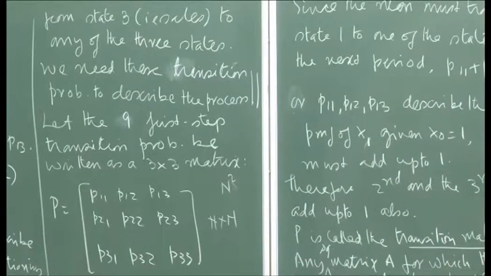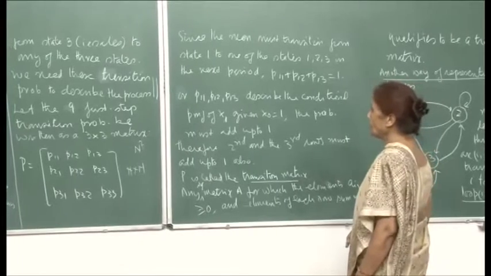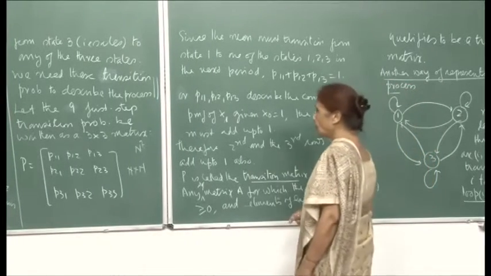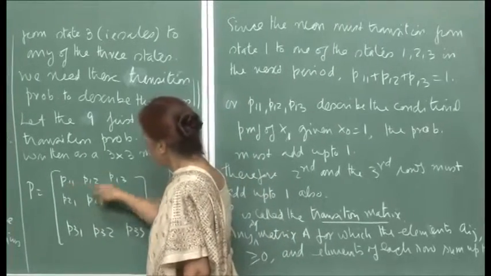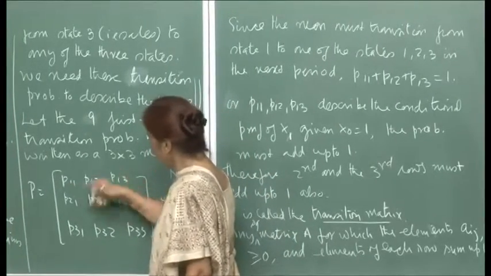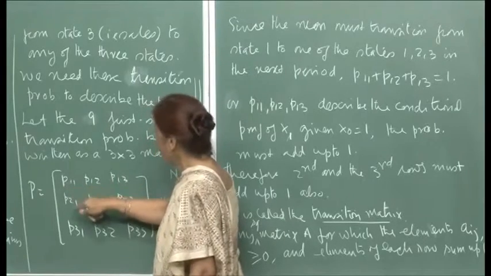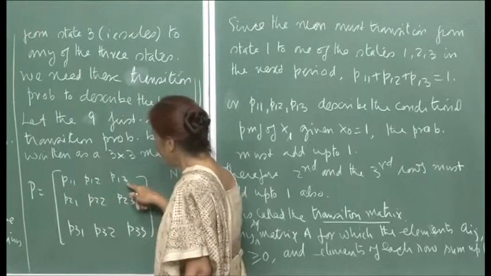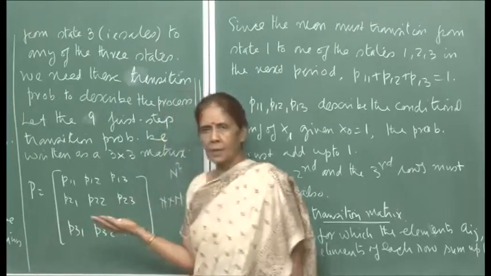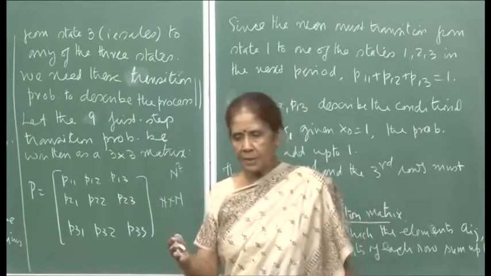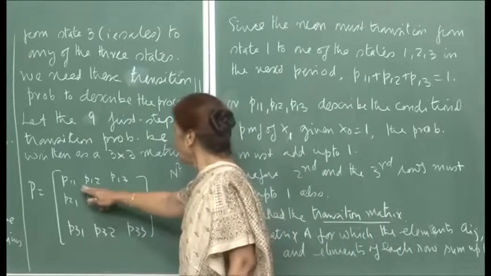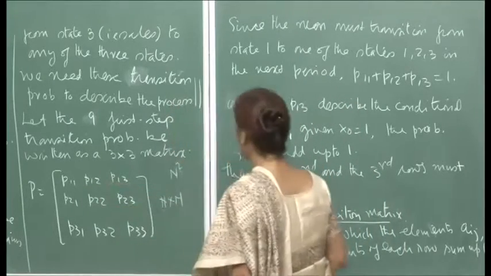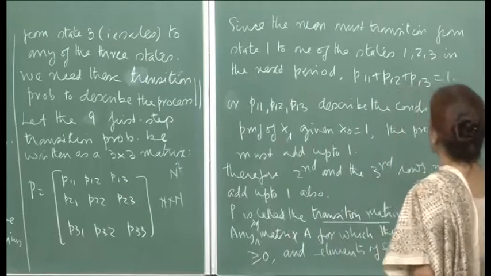Now, since the man must transition from, let us say, production to one of these, either he stays in production, or he goes to HR, or he goes to sales, because after every 6 months the assignment is announced, therefore these 3 probabilities will add up to 1.